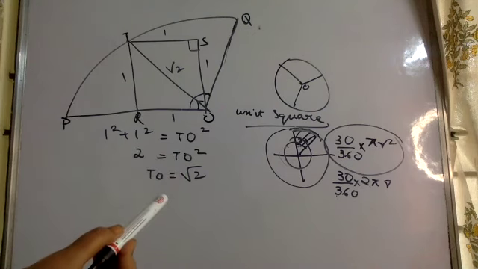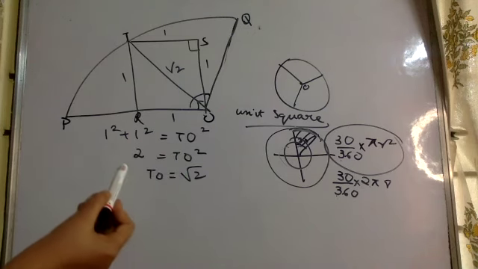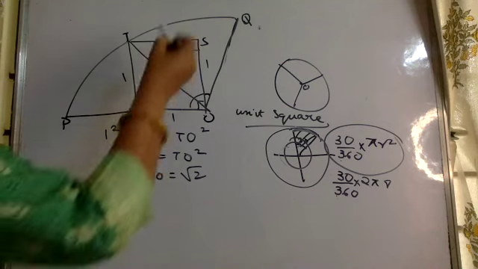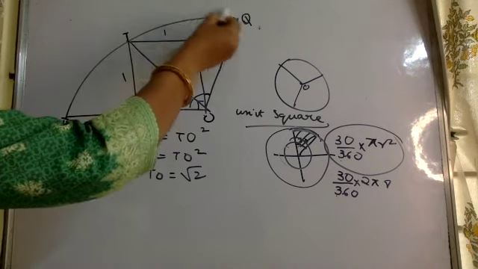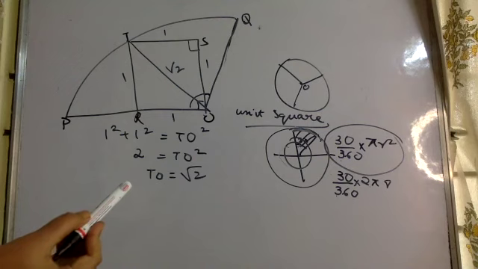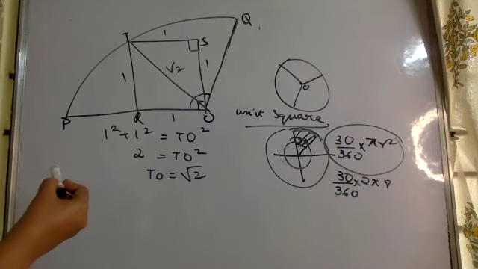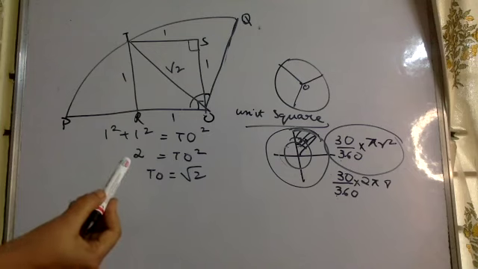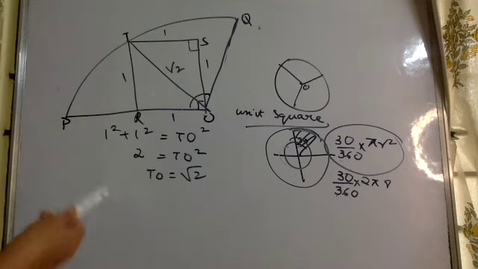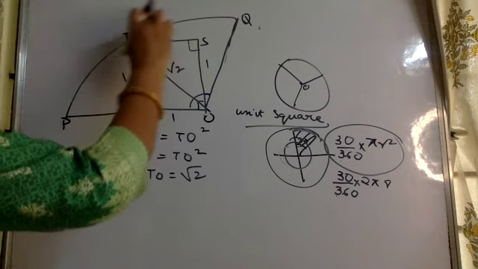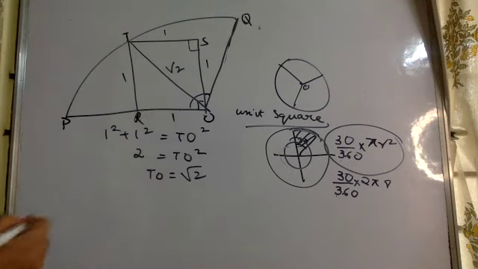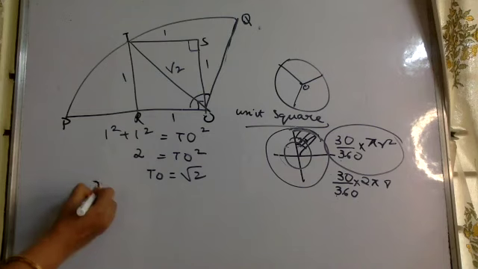Now what to do? What I need is the length of this arc. Had they given me the length of this arc, I could have found the area of this sector. Now how? Supposing the length of the arc is x.